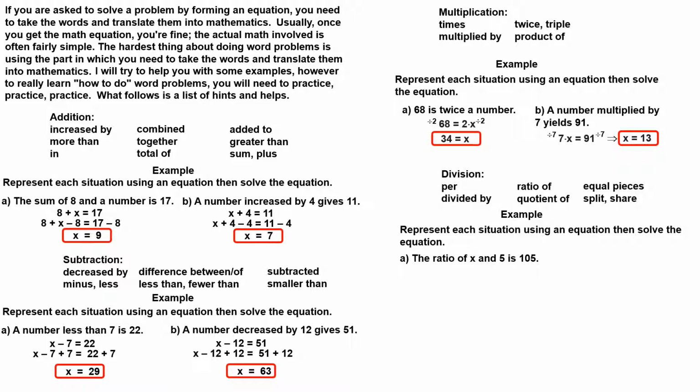The keyword the ratio of tells us that we must divide the two quantities. If a number is shared in 4 equal pieces, it yields 34. The keyword shared tells us that we must divide the two quantities.